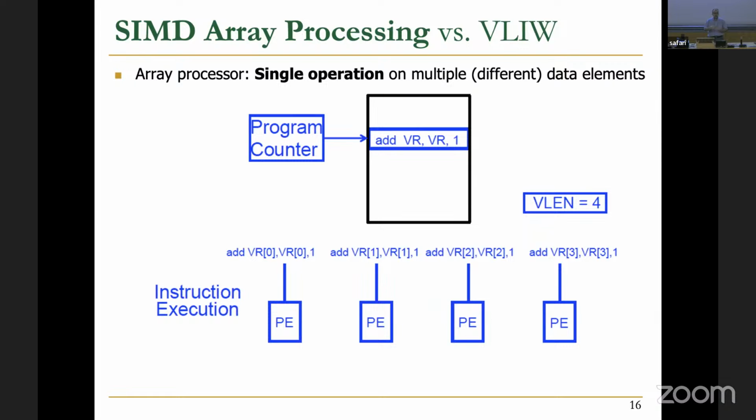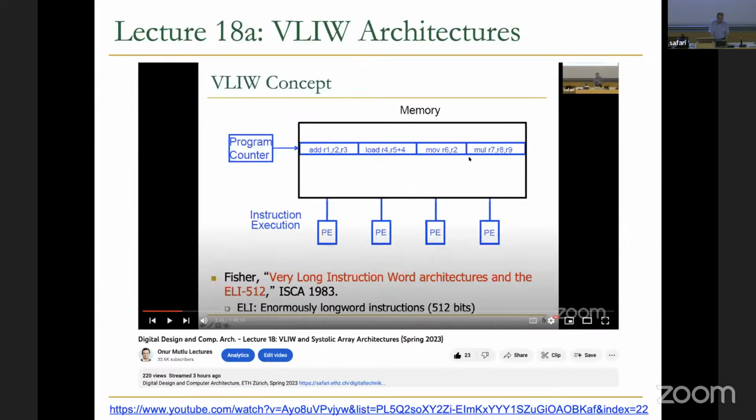Once you load one instruction, you know what you want to do, and then you repeat that on many data elements, and that's why SIMD processors are quite useful. If you want to learn more about VLIW architecture, I would recommend you watch this optional lecture from the past.